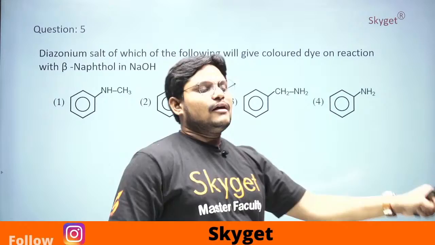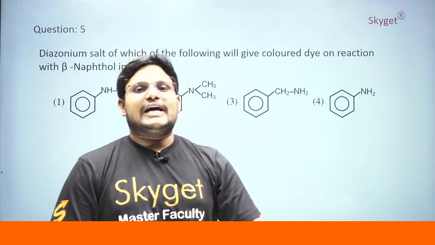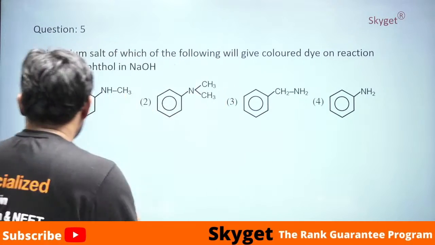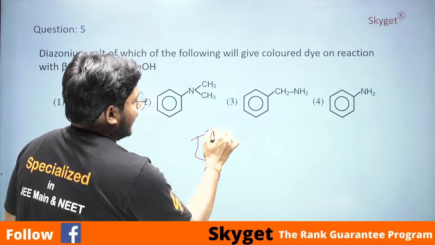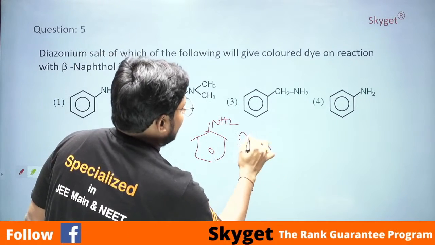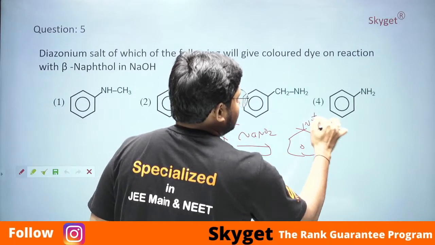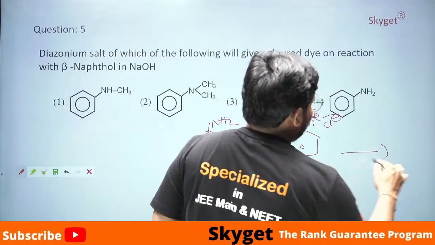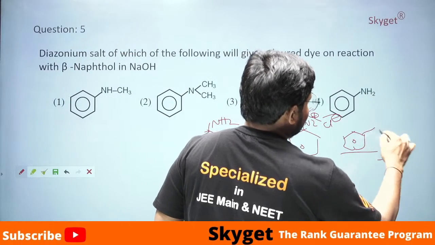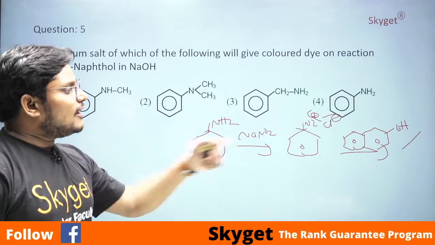Because this aniline, when you make it react with NaNO2, will produce diazonium salt. It will produce diazonium salt when it reacts with NaNO2. So if you see here, what is happening, students? N2+ Cl-. Now this N2+ Cl- will react with beta naphthol. Now what will happen, students?